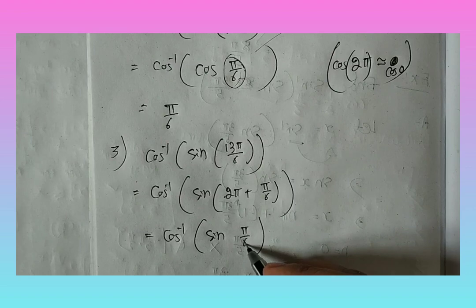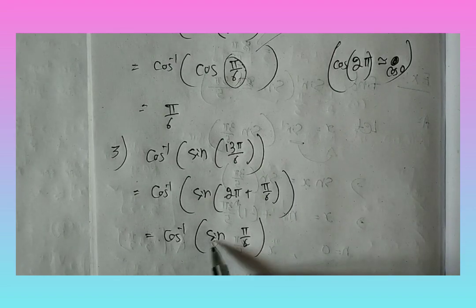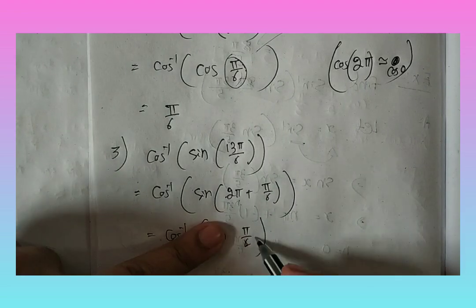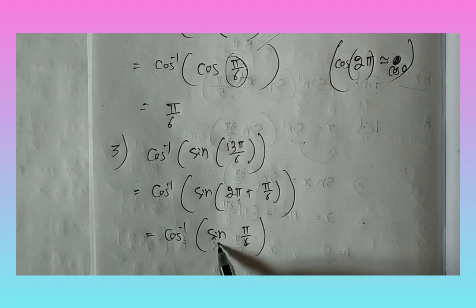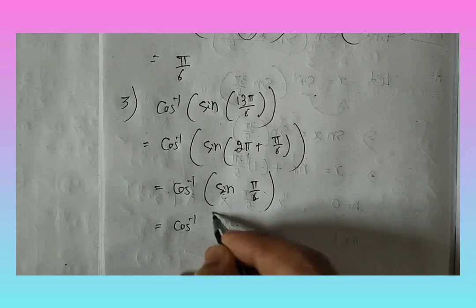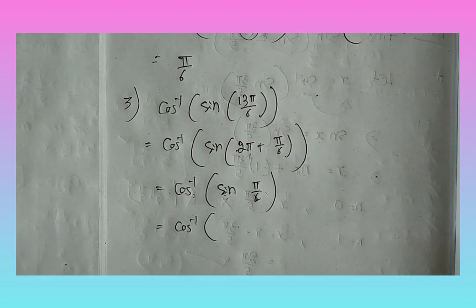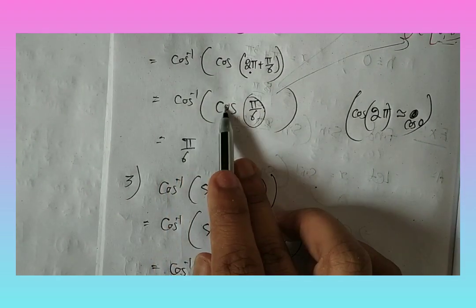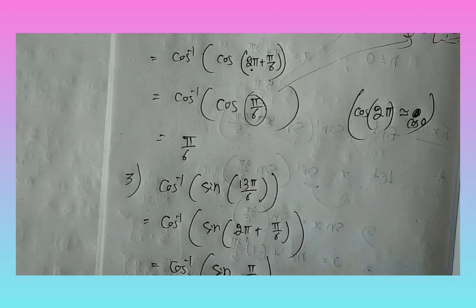No doubt this angle belongs to 0 to 180, but these two functions are not the same. If these two are the same, then we can cancel these two terms and the result is pi by 6. But here we first have to convert sin into cos. So in this case, we have to use the angle 90 degree. If the functions are different, we have to use 90 degree. If the functions are the same, we can use 180 degree to simplify this angle.